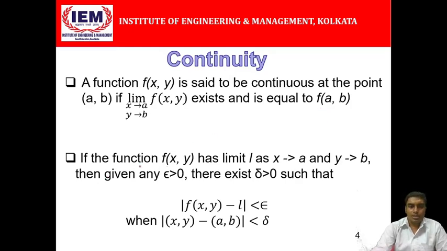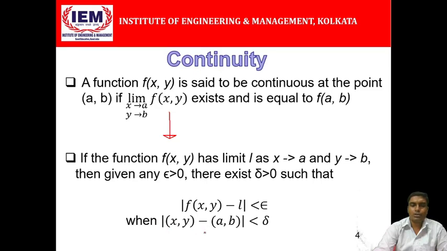Now if I write this in terms of the neighborhood, then I can write: mod of f of x, y minus L is less than epsilon whenever the distance of (x, y) from (a, b) is less than delta.